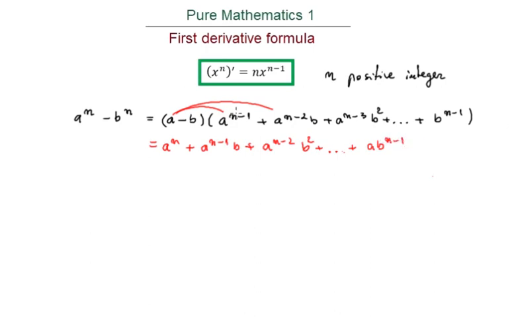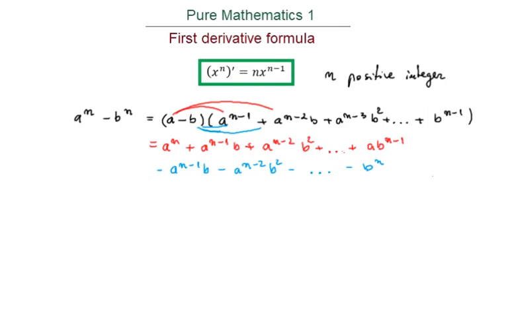Now, we multiply all the terms in the second bracket with b, so that we get minus a to the power of n minus 1 b minus a to the power of n minus 2 b squared minus all the way to the end, and at the end we have b to the power of n.